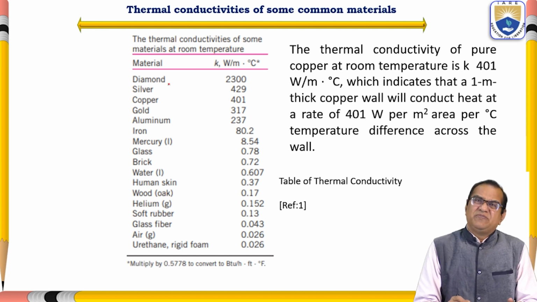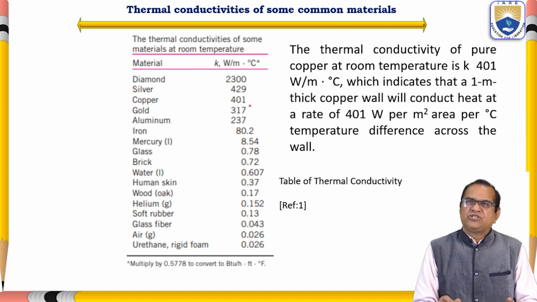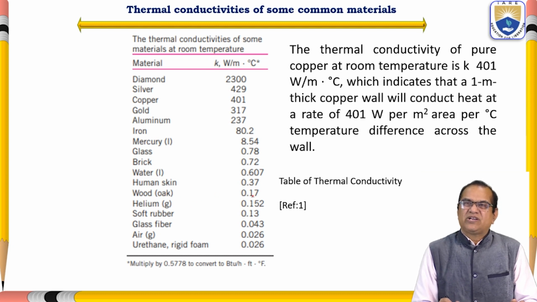Diamond is very big, that is 2300, silver is 429, copper is 401, gold is 317, aluminum is 237, iron is 80.2, mercury is 8.54, glass is 0.78, brick is 0.72, water is 0.607, human skin is 0.37, wood is 0.12, helium is 0.152, soft rubber is 0.13, glass fiber is 0.043, air is 0.026, and urethane rigid foam is 0.026.